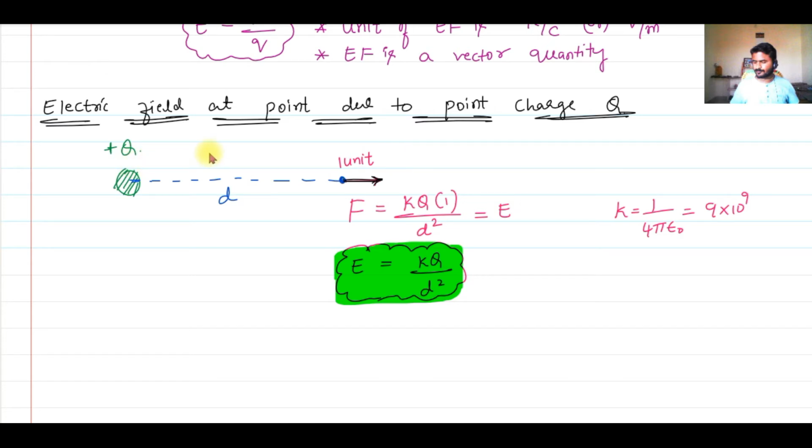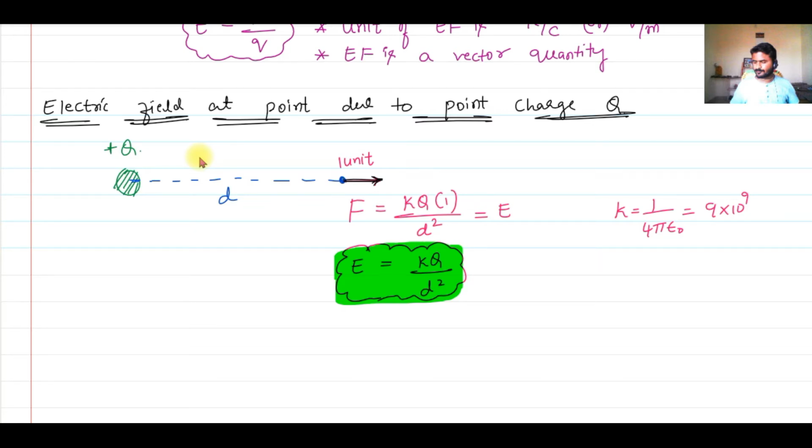That means the direction of the electric field due to a negative charge will be radially inwards, and the direction of the electric field due to a positive charge is going to be radially outwards, because around the positive charge, no matter where you keep 1 unit charge, it will always be repelled. Therefore the direction of electric field is radially outwards. Now if I had a negative charge and around this negative charge you keep 1 unit charge anywhere, this 1 unit charge will always be attracted. Clear? As simple as that.